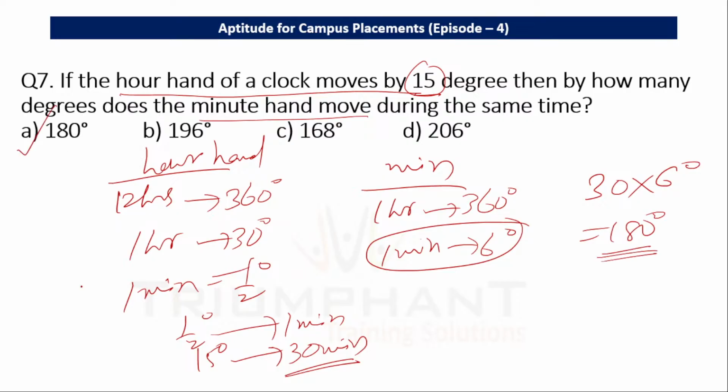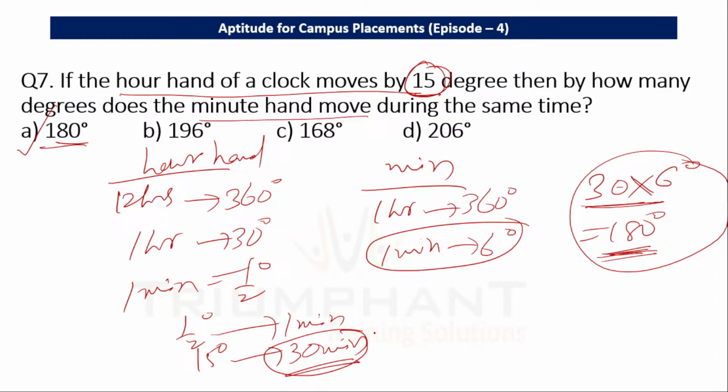So therefore option A. As the majority of you responded, Avinash, SVS, Ram Vishwanath Palli, Harshit Sai, Gopinath, you guys are absolutely right. It's 180, because to cover 15 degrees the hour hand requires 30 minutes, and in that time the minute hand covers 30 into 6 degrees, 180.